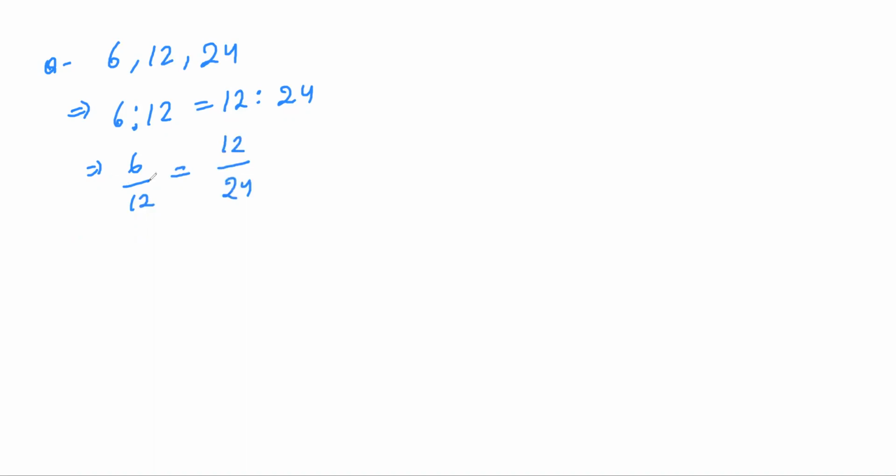First of all, make a relationship. 6 ratio 12 is equal to 12 ratio 24. Now write them as fractions and reduce: 6 ones are 6, 6 twos are 12, 12 ones are 12, 12 twos are 24. So 1 upon 2 is equal to 1 upon 2, and they are equal to each other.